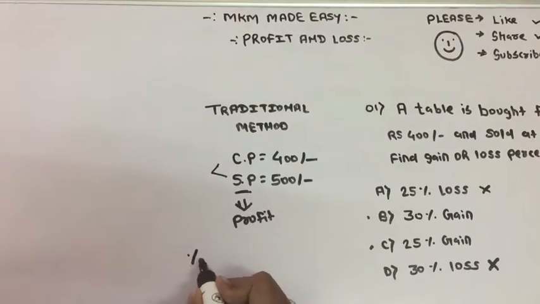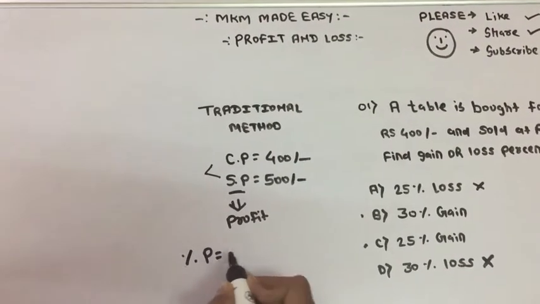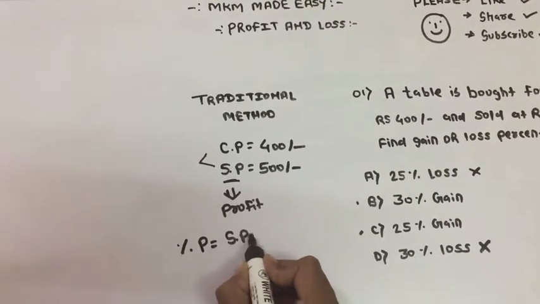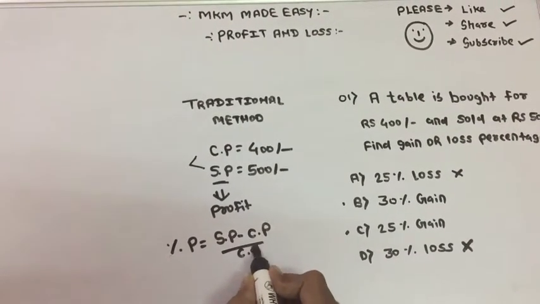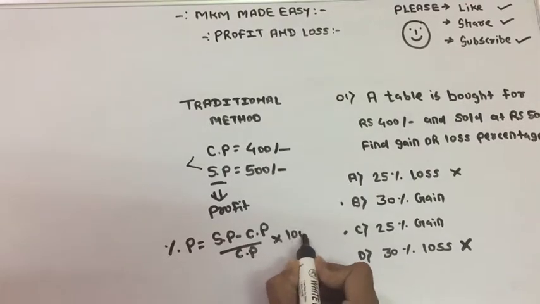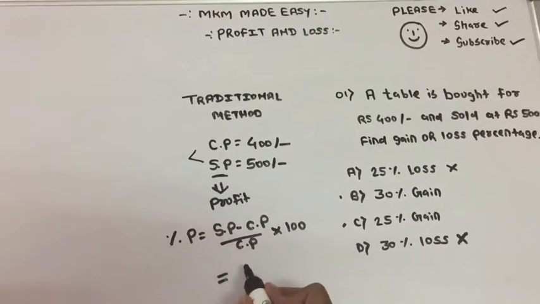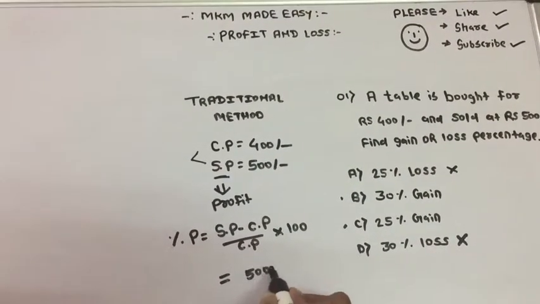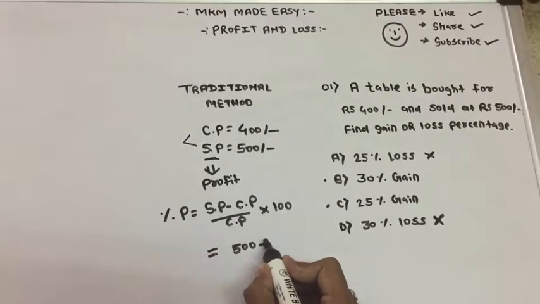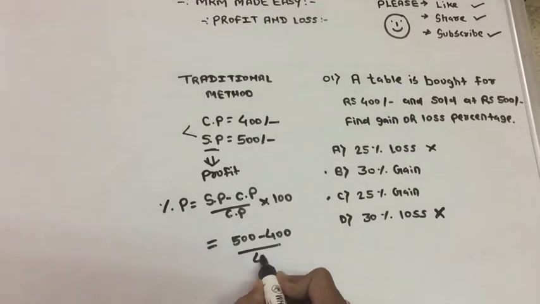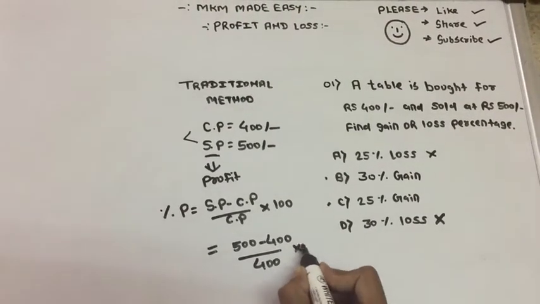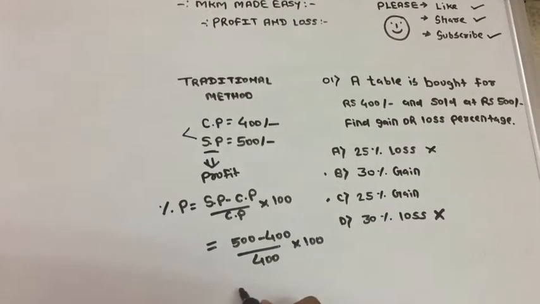You have the formula for calculating the percentage profit, which is nothing but selling price minus cost price, divided by cost price, multiplied by 100. So the selling price of the table is 500 minus the cost price of 400, divided by 400, into 100.